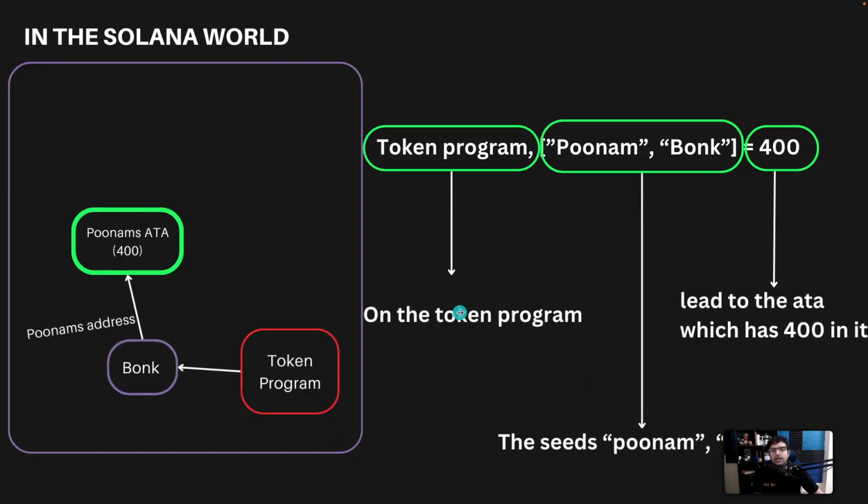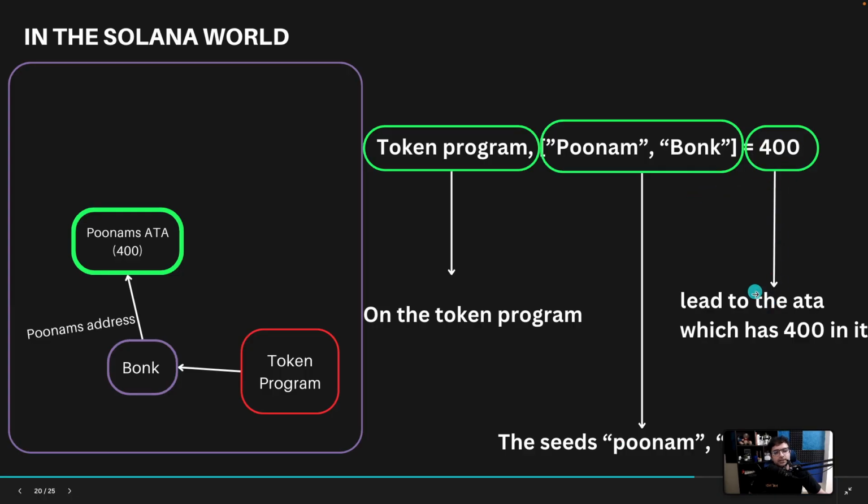So what are the three inputs if you want to derive an address? It is a program, which let's say in this case is this. As I said, in actuality it is something else. But let's say for now, for simplicity, there is a single token program that exists. This single token program address is our initial input to the derive function. The function that is deriving, first input is this. Second input is the seeds.